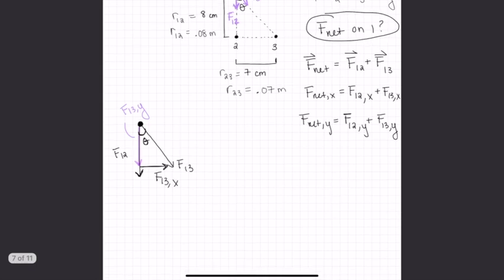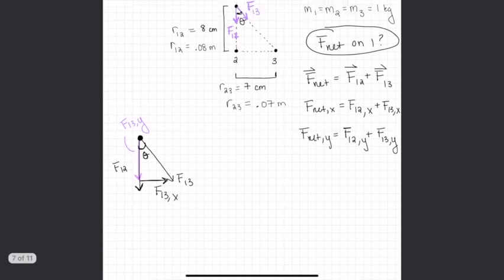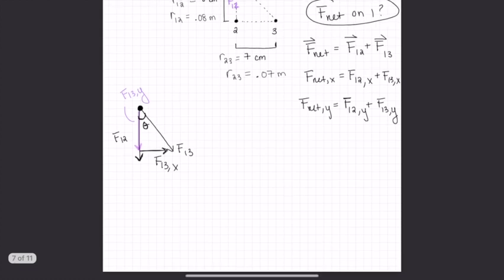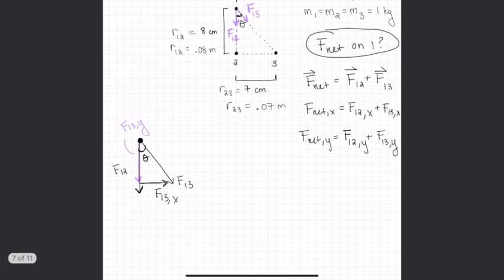So that gives us ultimately how we would get the net force, but we first have to find what the magnitudes of F12 and F13 are, and we're going to get that from using the definition of the gravitational force. So F12 is going to be the easier one, so I'm going to do that one first. I'll probably have to do F13 on a different page.